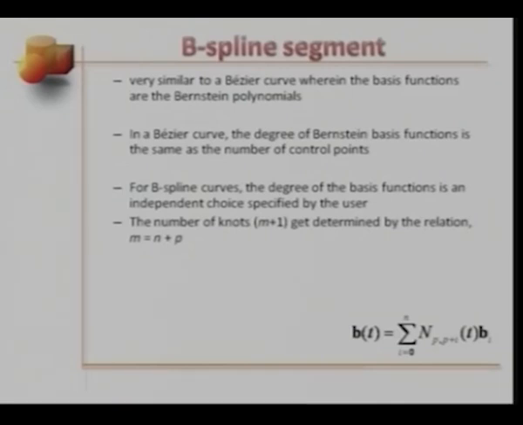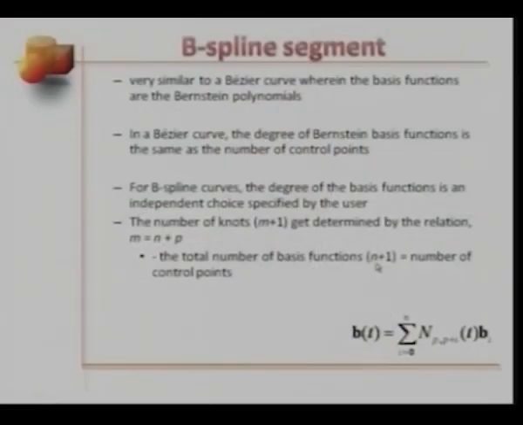Accordingly, the number of knots get determined. This is what I just said. The total number of basis functions, n plus 1, is equal to the number of control points, and p, this should be small p, is the order of the basis spline functions and hence the curve.